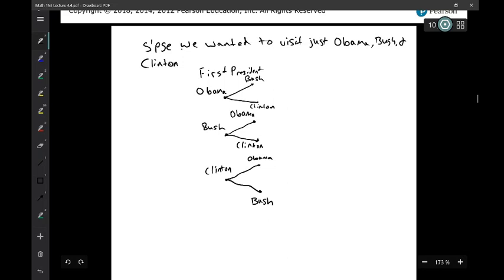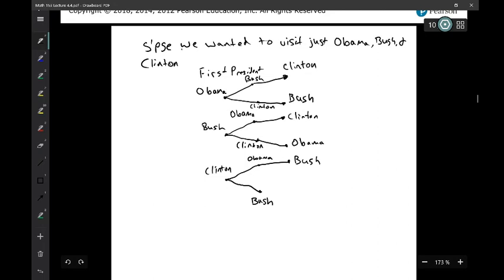Well, once you start with Obama and then visit Bush, then you have to visit Clinton if you're visiting all three. Likewise, Obama, Clinton, well, that gives you Bush. Bush, Obama, Clinton. Bush, Clinton, Obama. Clinton, Obama, Bush.